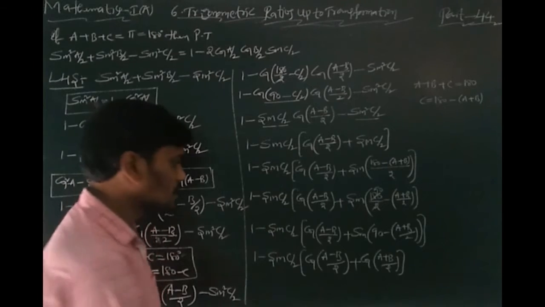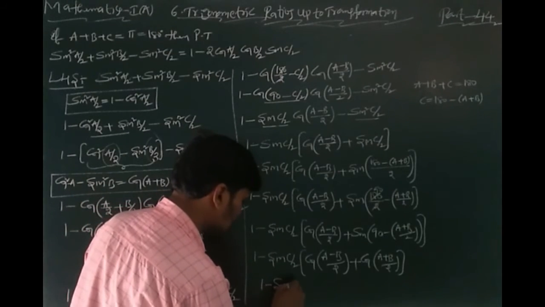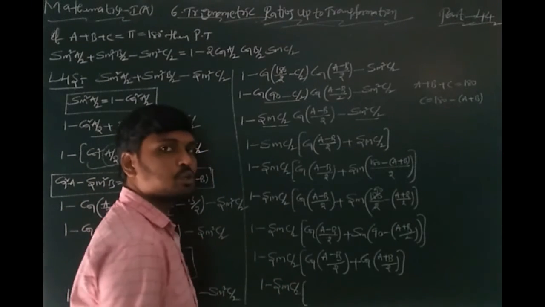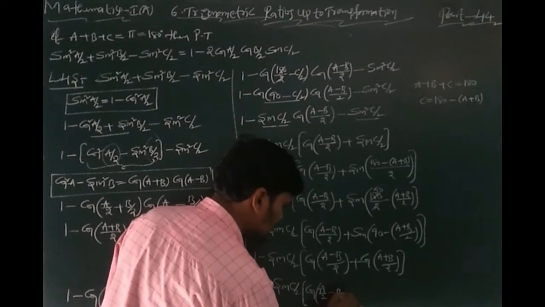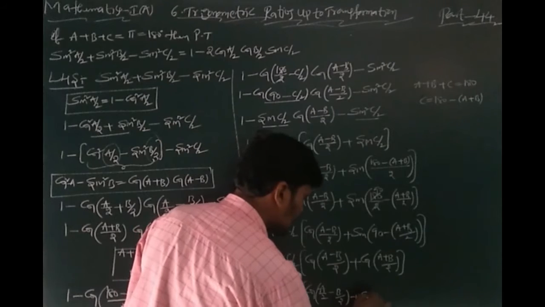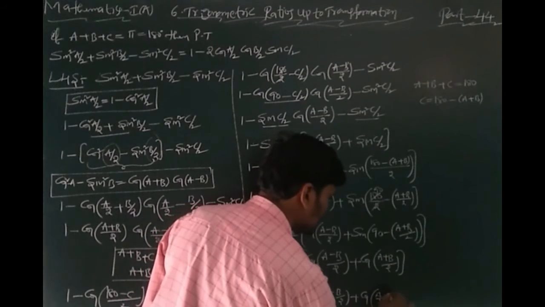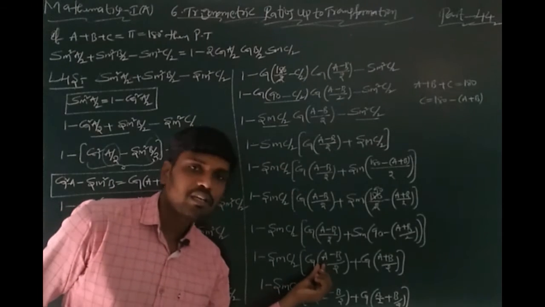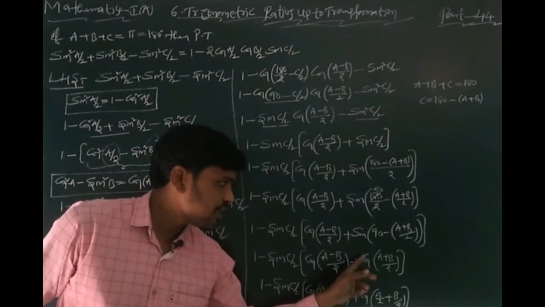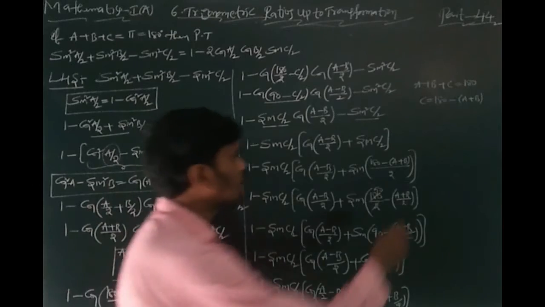After that you can write 1 minus sin c by 2, and separating the numerator, cos of (a by 2 minus b by 2) plus cos of (a by 2 plus b by 2). Correct or not, students? Here the formula is there.